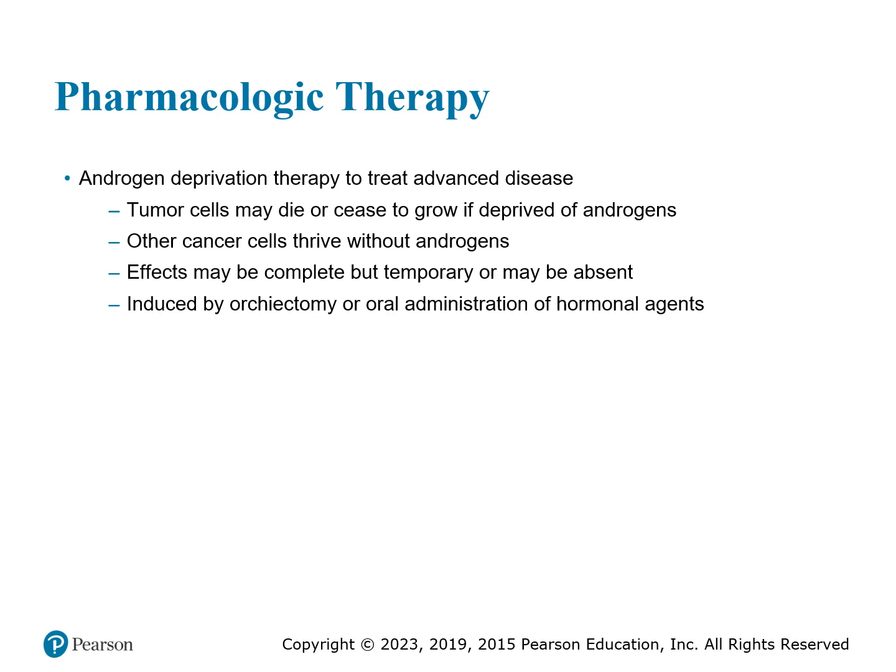Strategies to induce androgen deprivation include orchiectomy, that is unilateral or bilateral, or oral administration of hormonal agents. And you have a table 2.17 on page 136 that compares surgical and hormone therapies and the advantages and disadvantages of each.